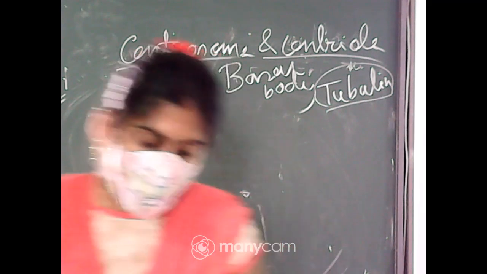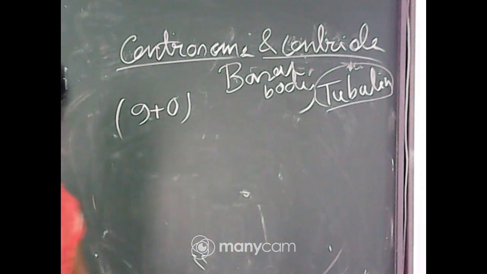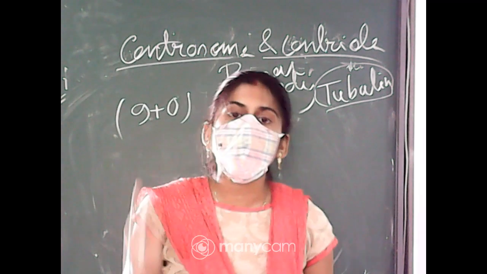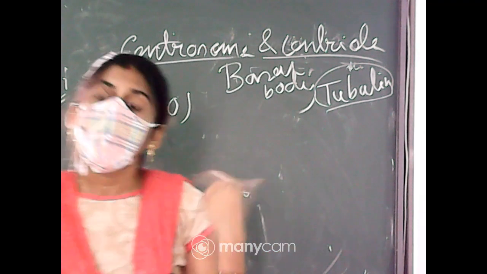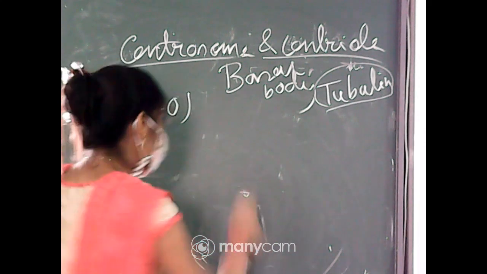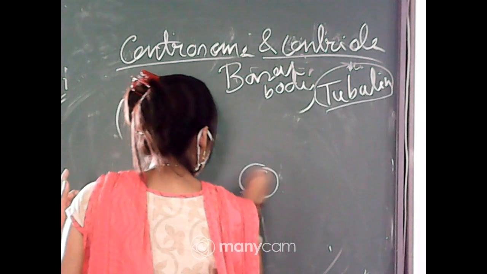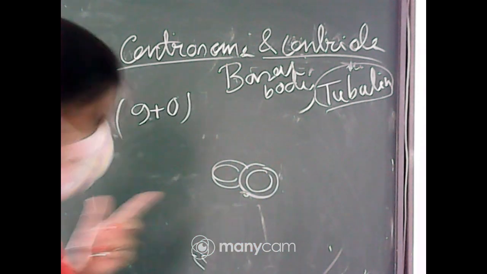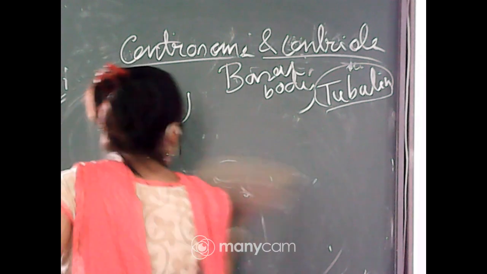Each peripheral fibril is a triplet in structure. The previous one was a doublet, but in this case we find a triplet structure.